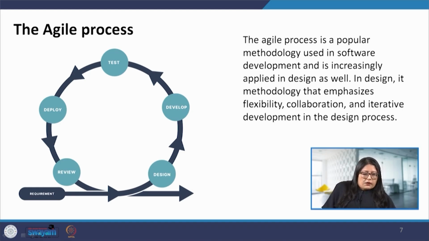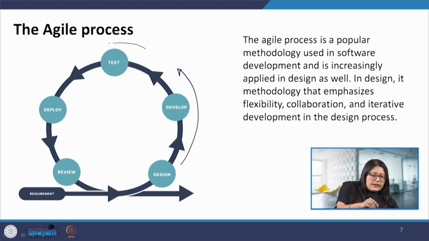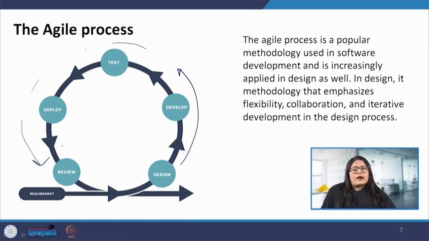So we can see here that one loop, one stage of the problem, is design, then develop, then test, deploy and review. So this is the step taken for solving one problem, and this one problem we can also call a sprint, because it is done very quickly.